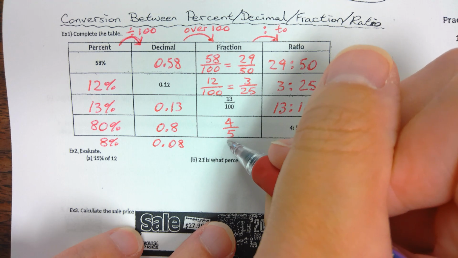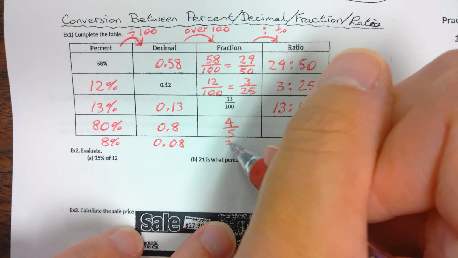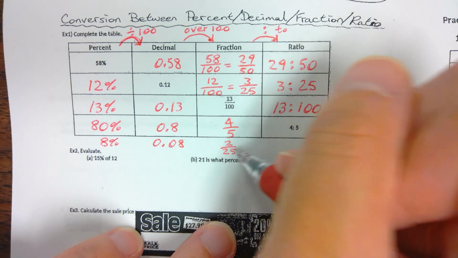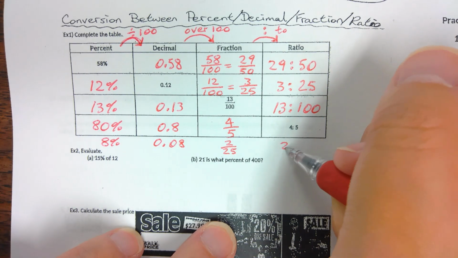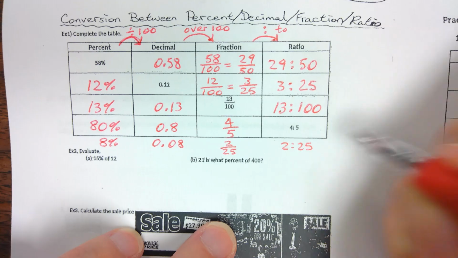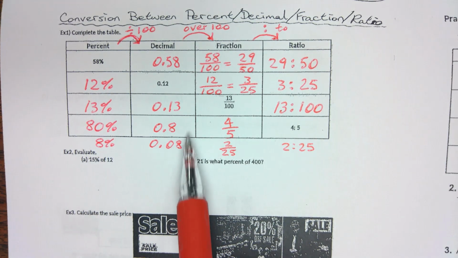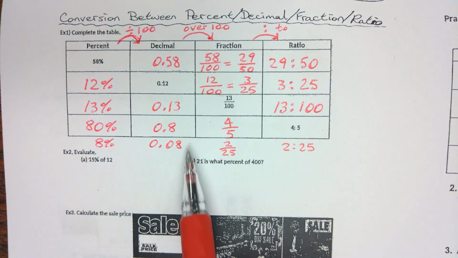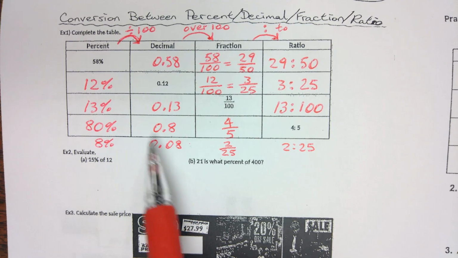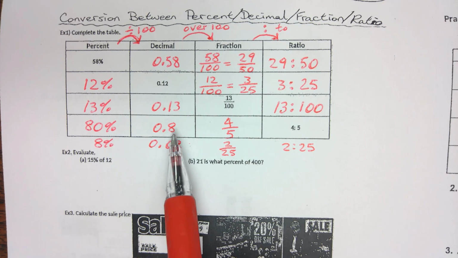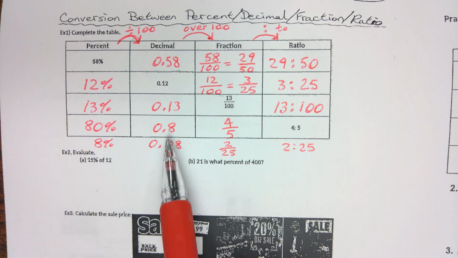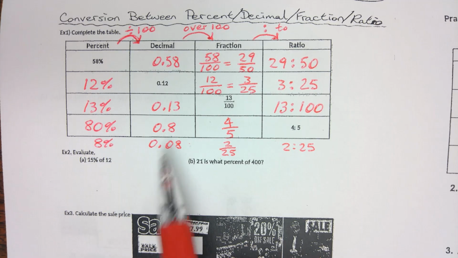Which is, yes, 2 over 25. And then as a ratio, 2 to 25. Okay, so be careful with these two. Even though you learned this since elementary school, people still make this mistake. Okay, 8% and 80%, the difference.